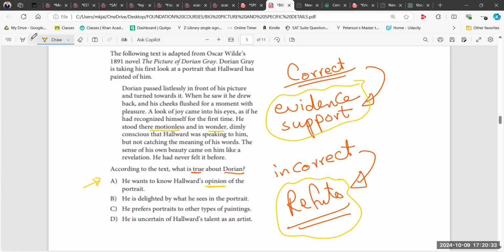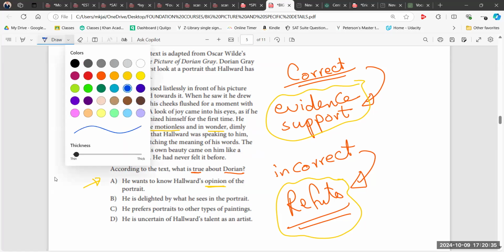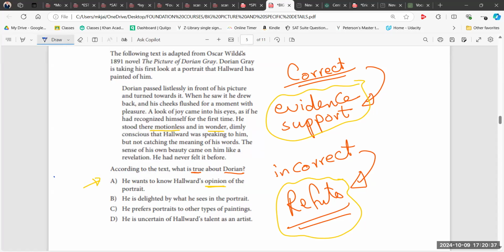Ziad habibi, let's read together. Read the introductory lines. So, Dorian Gray is taking his first look at a portrait that Hallward has painted of him. So Hallward painted a portrait for whom? For Dorian. So far, so good.